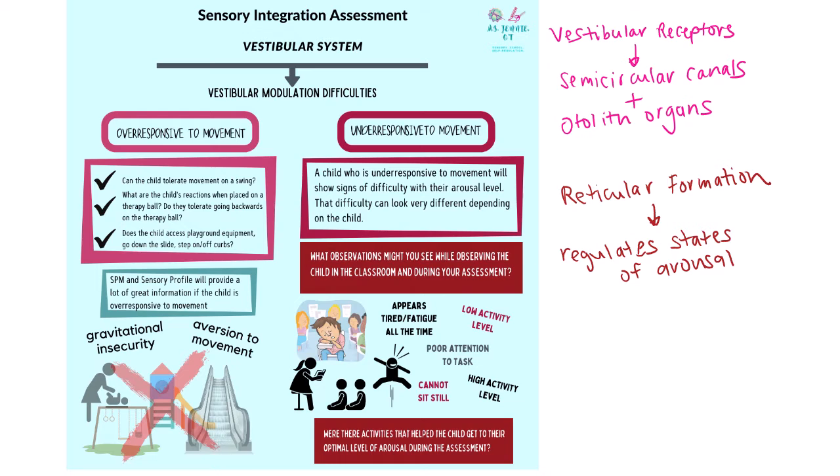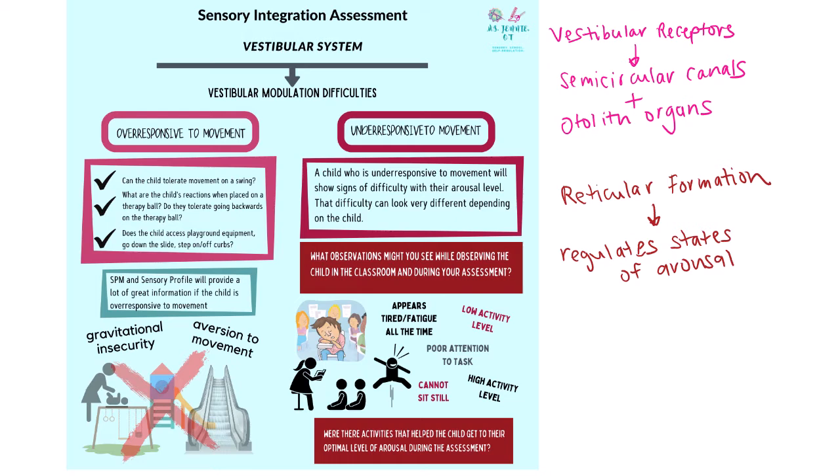But it's pretty complicated when you look at all of the different parts of the nervous system that are involved in vestibular processing, all the different pathways, the vestibular receptors themselves.